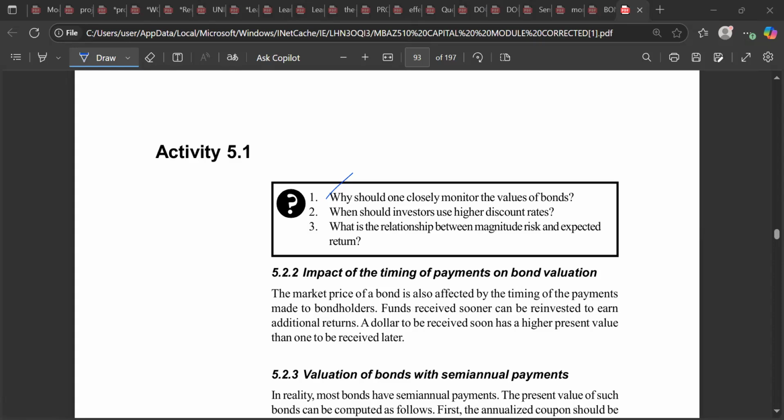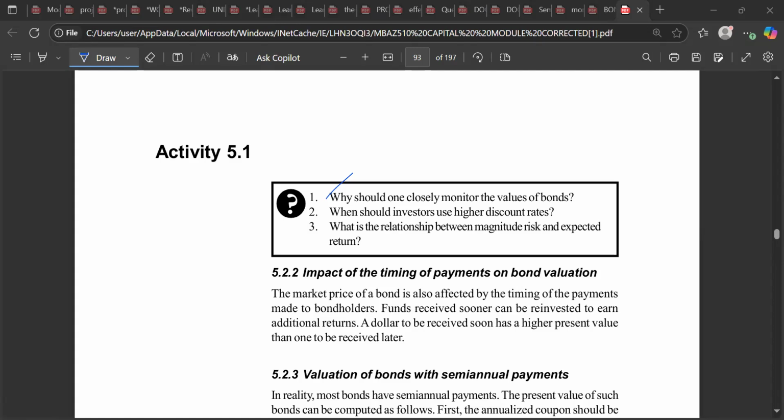Okay, lovely. So the third question says, what is the relationship between the magnitude of risk and expected return? How are these related? Generally, take a dive into your risk and return principles. You will discover that these have a positive and proportional relationship.